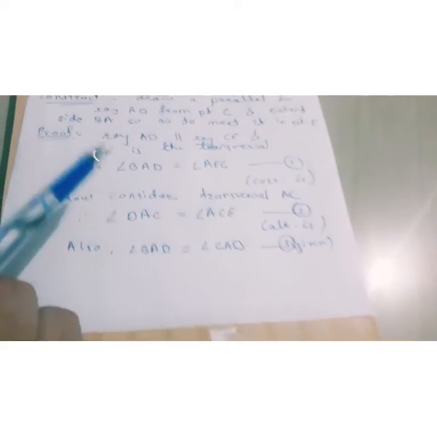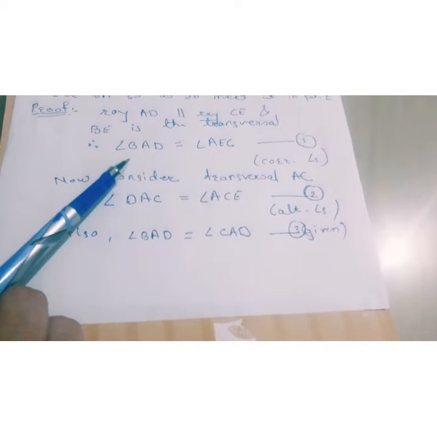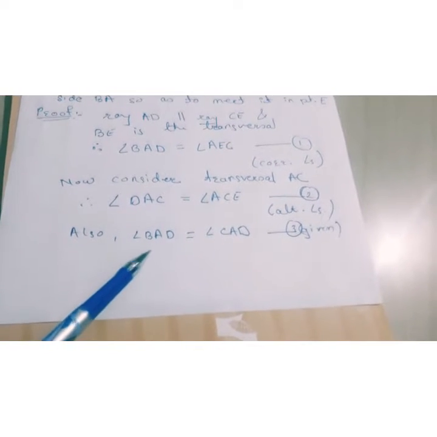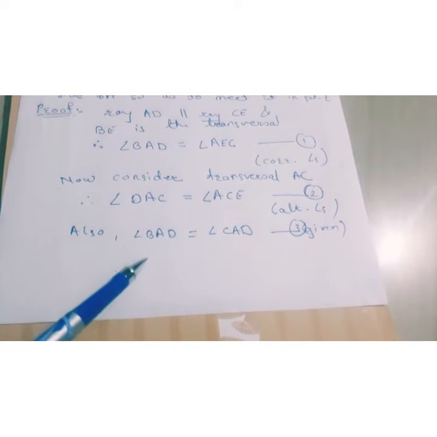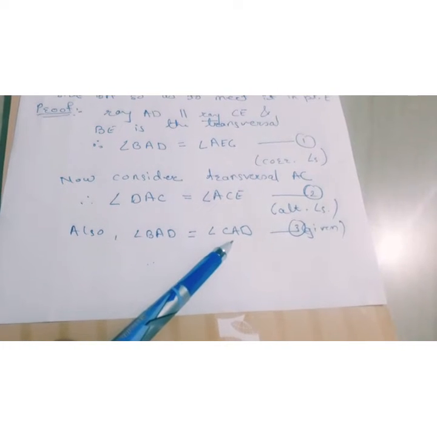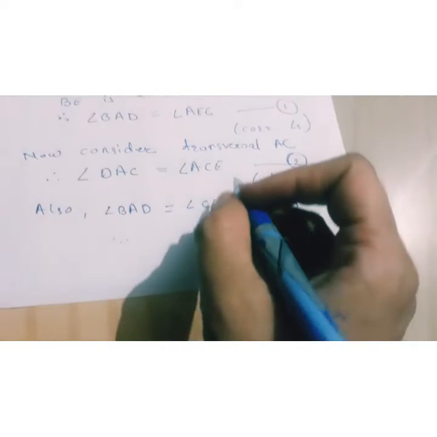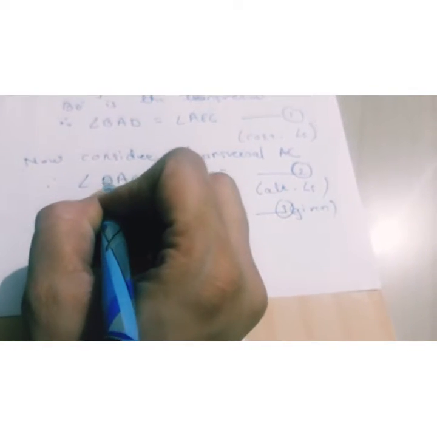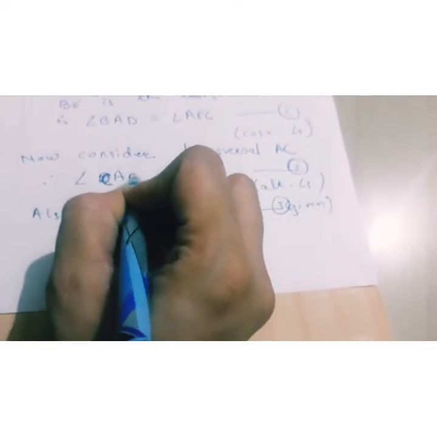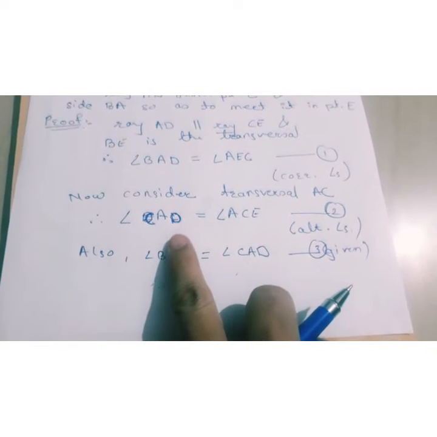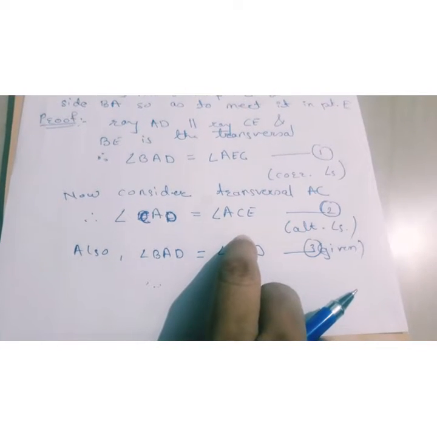Now just pay attention to these equations. Here we have BAD, and in equation number 3 we also have BAD. BAD is equal to CAD, and this CAD from equation number 2 is equal to ACE.